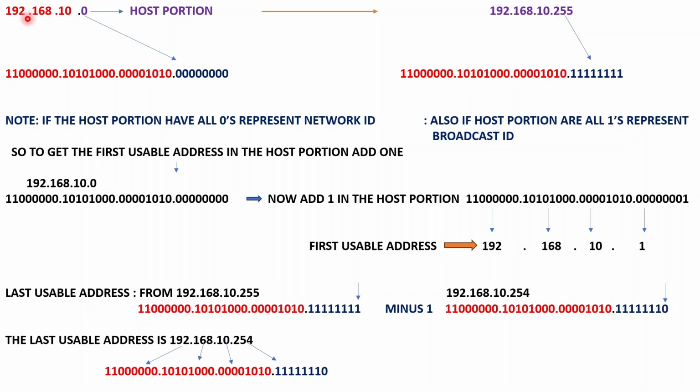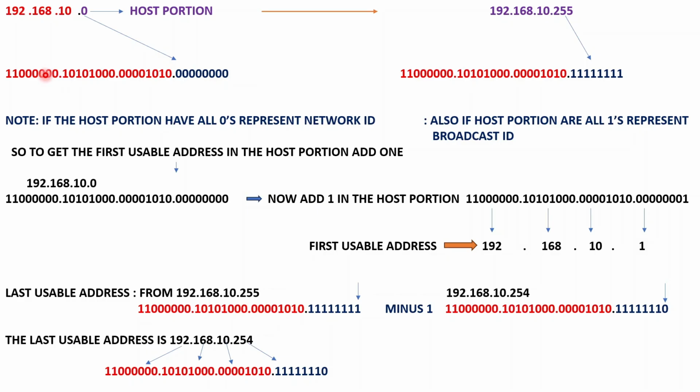Then once we convert this 168 into binary codes, we get 10101000. And to convert this 10 into binary code, we get 00001010. And once we convert 0 into binary codes, we also get 00000000. It is 8 bits.